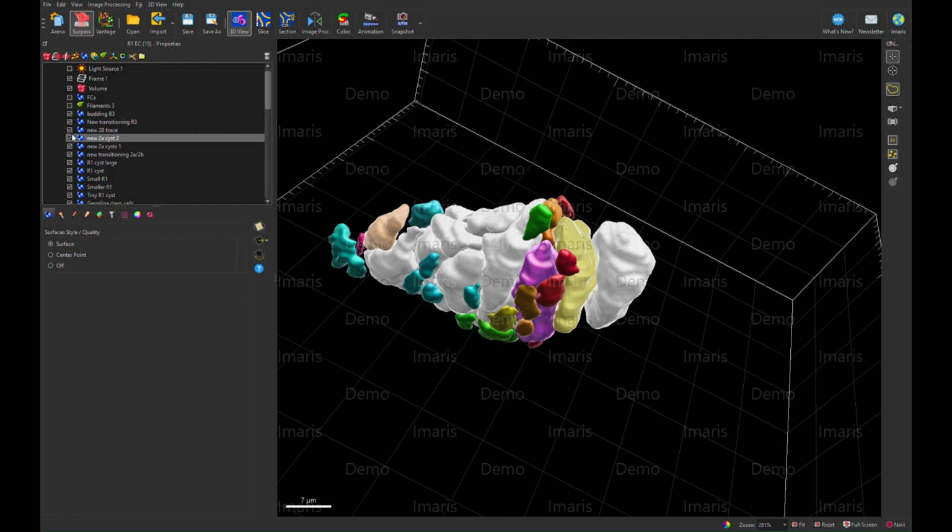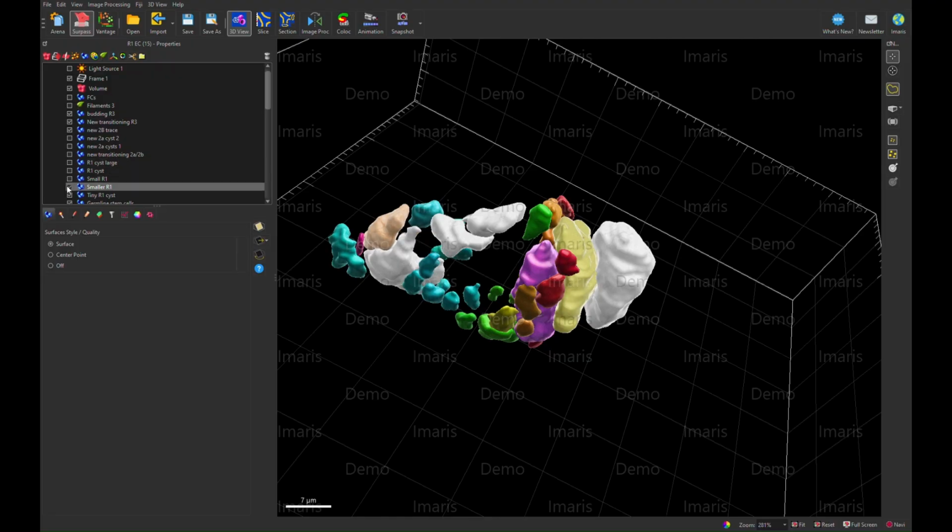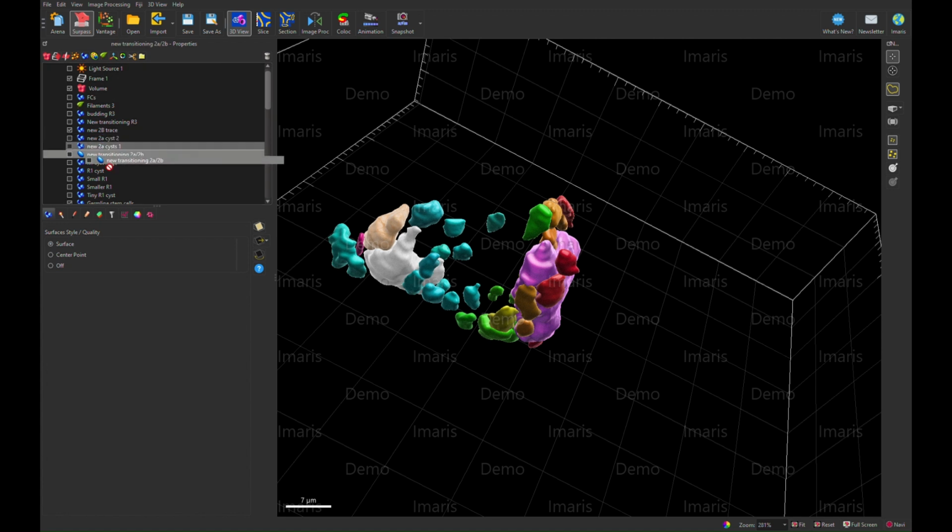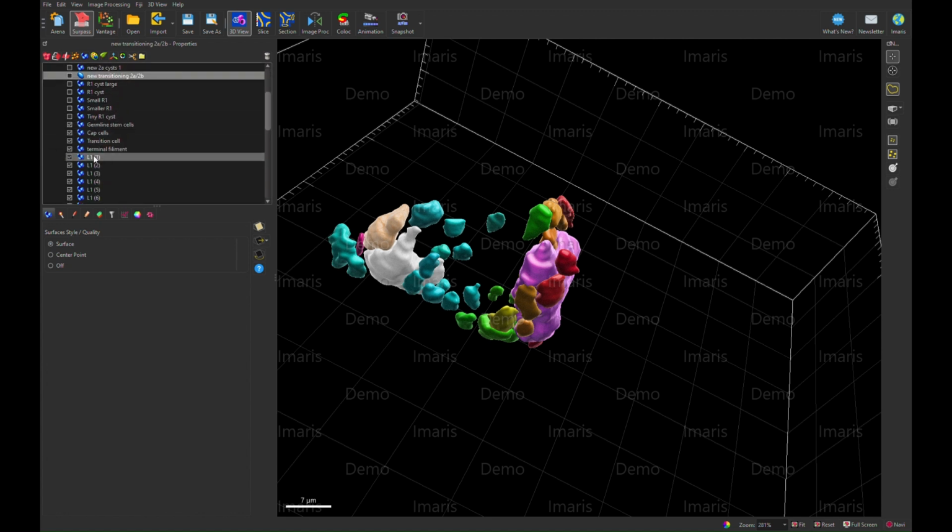Okay. We're just going to turn off a few of these features so we can get a closer look at what all of these somatic cells are doing here. Okay. So just turning off the white layer, region 2A and region 1 cysts. And we'll take a closer look at how these cells interact with the 2B cyst.